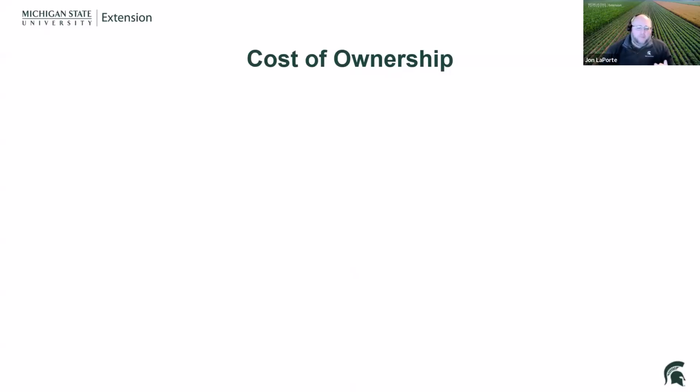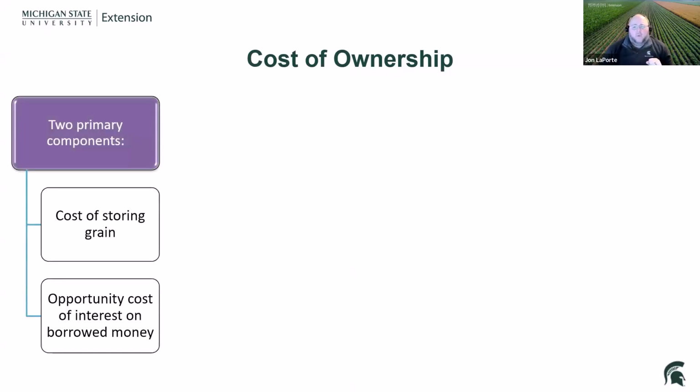And there's two primary things that you want to look at for the cost of ownership. One is the actual cost of storing the grain, and the other is the opportunity cost of the interest on maybe borrowed money. So we think about if we were to sell the grain and we had the money, it's kind of the same idea of the time value of money.